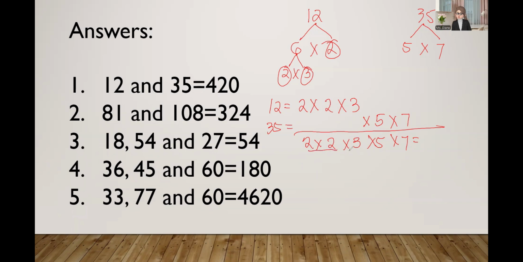That is 4. 4 times 3 is 12. 12 times 5 is 60. 60 times 7: 6 times 7 is 42, so the LCM is 420. Did you get the correct answer? Okay, let's move on.